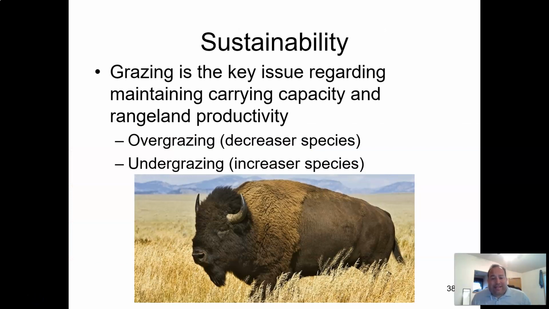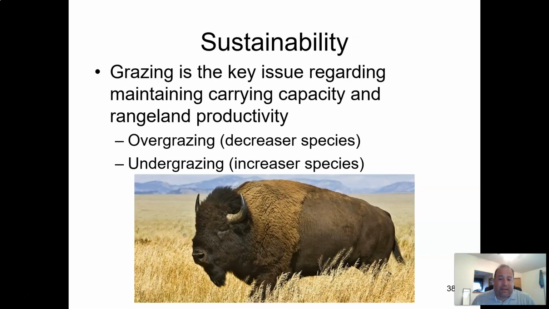In terms of the sustainability of rangelands, your grazing is going to be your key issue, because your carrying capacity is going to really determine a lot about how productive your land can be. And you can have problems in these areas with overgrazing and with undergrazing. If you overgraze, you're going to end up with what we call decreaser species.